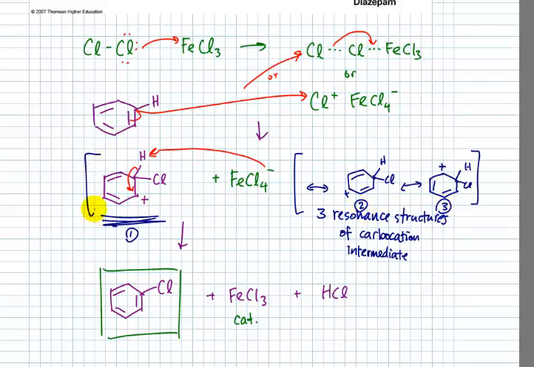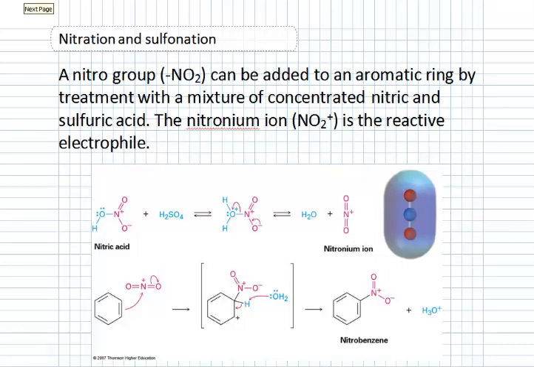So put that over there just so we're clear. If all we're doing is drawing the mechanism of the reaction, that's pi electrons attacking the electrophile, then some sort of base present attacking that hydrogen and its electrons, restoring the aromatic ring.